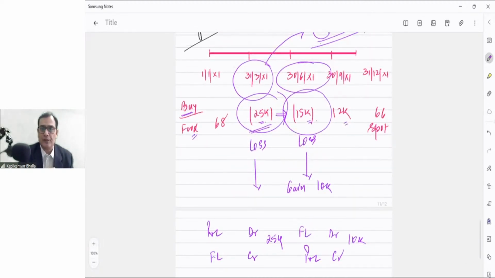On the next date, 30th September X1, we are getting now a gain of 12,000. This is the cumulative position of 12. So what is the total gain now? From a loss of 15, you stand at a gain of 12, which means a total gain to the extent of 27,000.